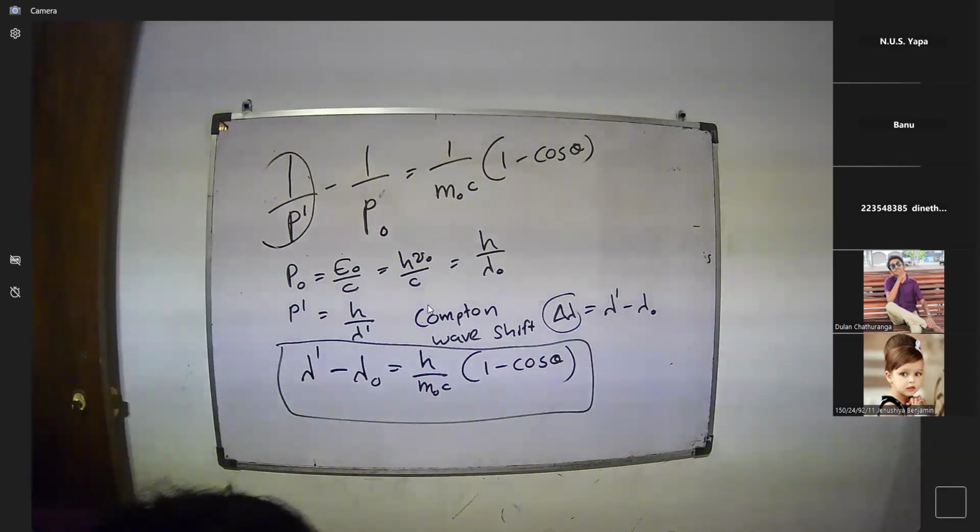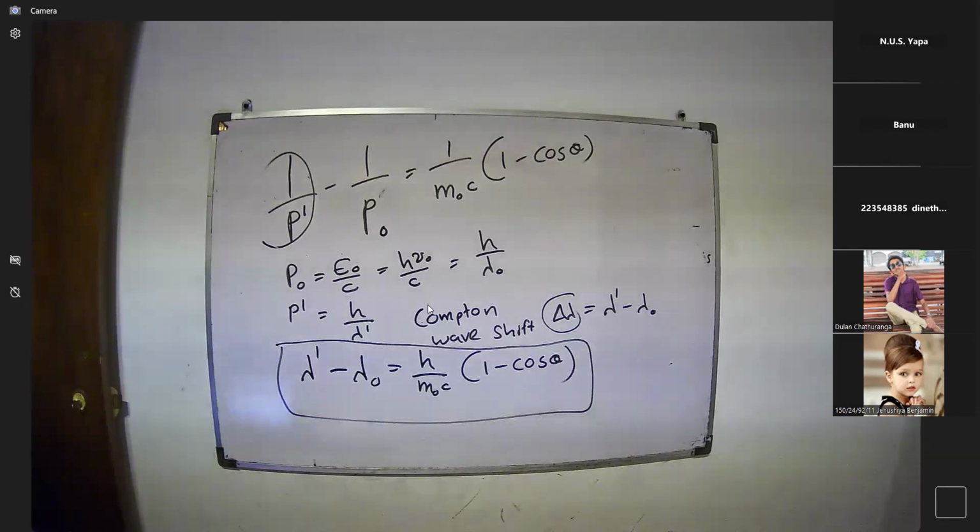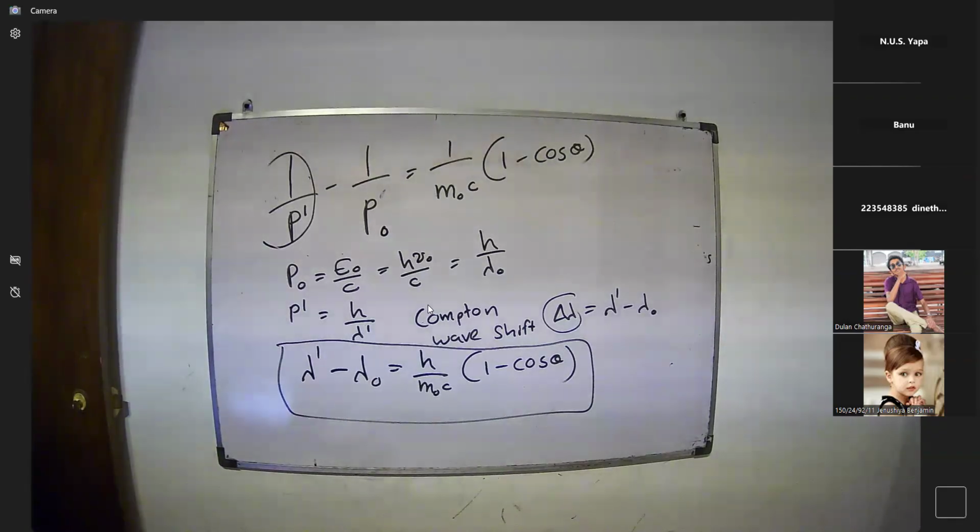Right? You should know how to prove this equation. You have to write conservation of momentum and conservation of energy. In the conservation of momentum, we can divide into two directions, and energy can be applied according to the relativistic energy.